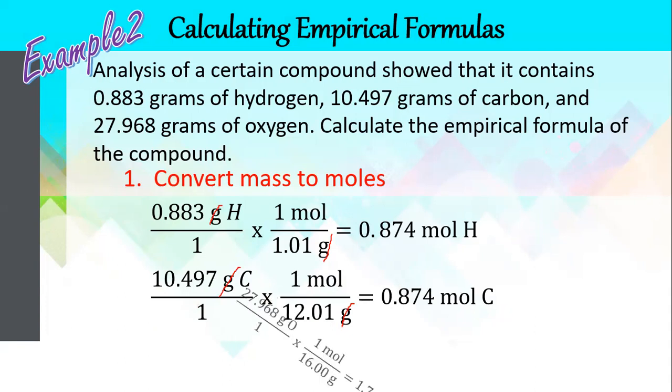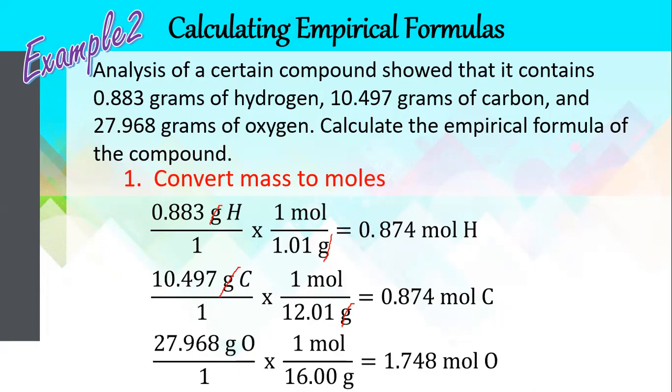Next you have to find the moles of oxygen. We have the given 27.968 grams of oxygen divided by the atomic mass 16, and it gives us 1.748 mole of oxygen. The grams cancel, so it leaves us with the unit of mole.